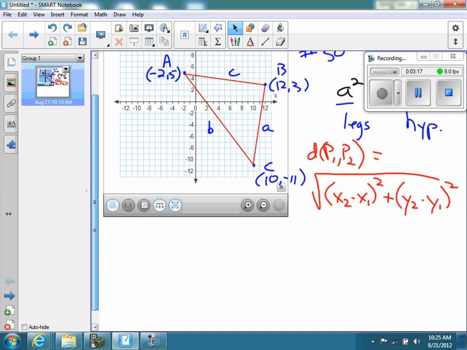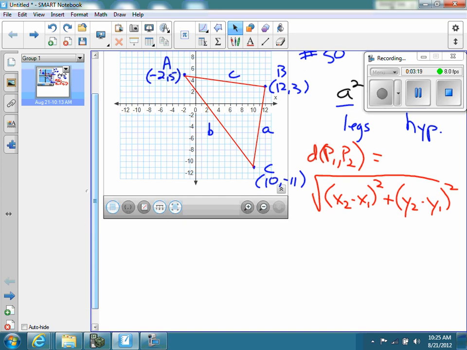How can I apply that in this case? Let's start with A, since we may as well be alphabetical. My side A goes from B to C. So the length of side A, d of A, is equal to the square root.